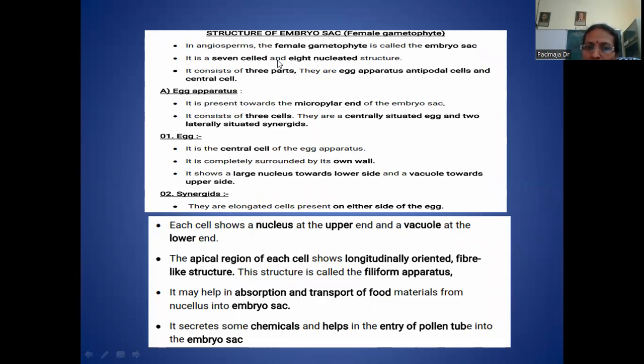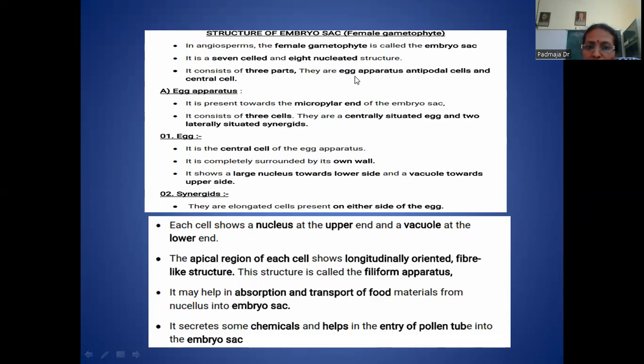Related to this, they will ask questions like, which type of embryo sac is seen in polygonum? It is 7-celled and 8-nucleated. That means 2 nuclei fuse to form the diploid polar nucleus. So it is considered a 7-celled, 8-nucleated structure.